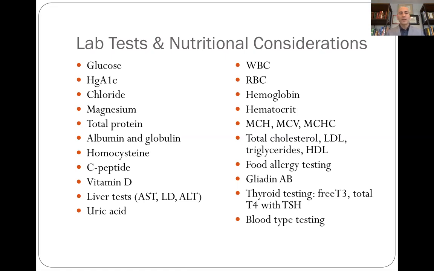Homocysteine we're going to talk about soon, and vitamin D. I'll mention to you that the optimal vitamin D level is 70. I don't believe I mentioned it on the last slide where I talked about the healthy ranges versus the clinical ranges, but vitamin D should be a 70, anywhere really between 70 and 100.